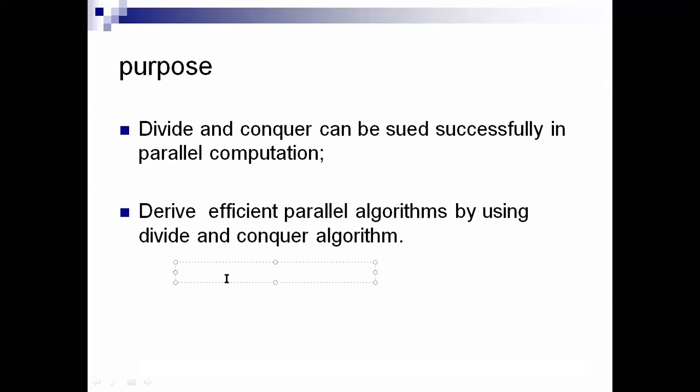Find the sum of n numbers. You have a0, then a1, and so on, up to a of n minus 1. So this is my problem. How do we find the solution for that problem?